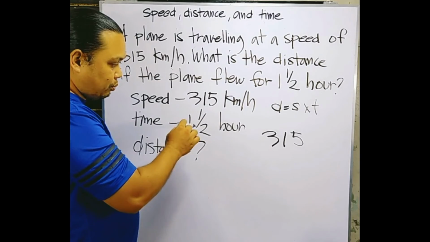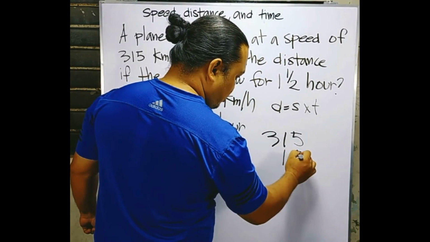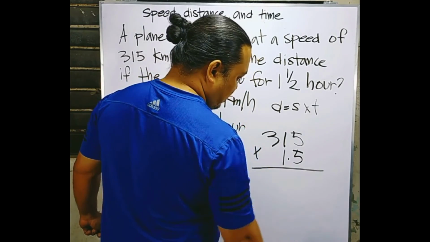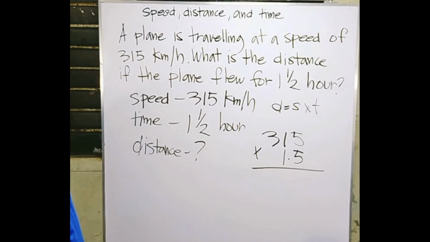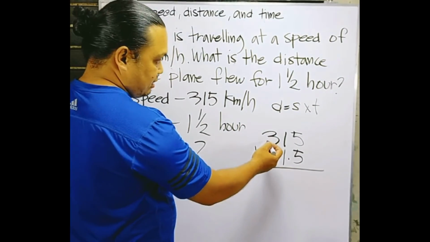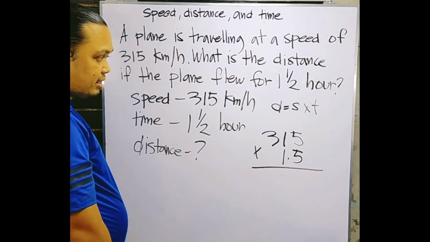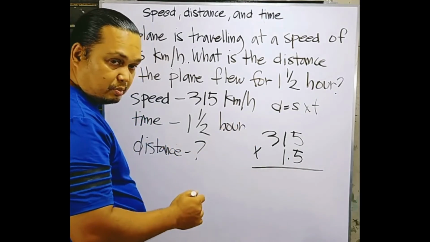So we have 1.5, so that we can multiply it to a whole number. So we have, for our formula, 315 times 1.5. Okay, the speed times time. So let's multiply.